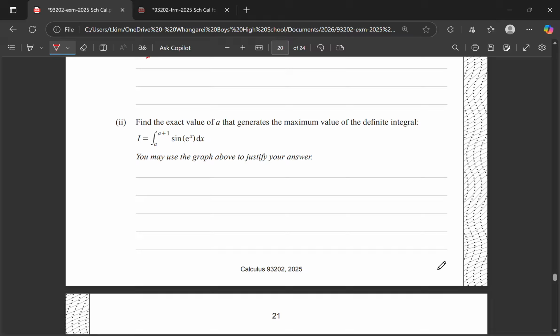Instead, to find a maximum value, you have to differentiate, right? Differentiate the function R, so we have to find dR/da, which means we have to differentiate this integral. Do you know that is just sine of e to the power of a plus 1 minus sine of e to the power of a, isn't it?